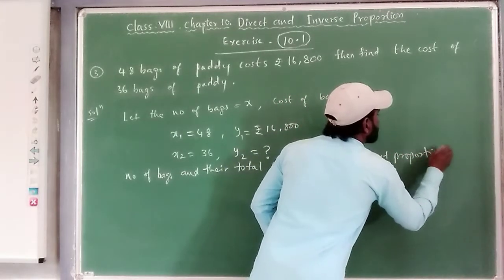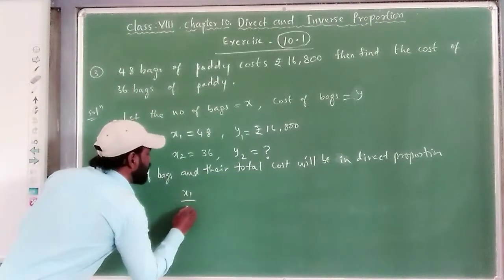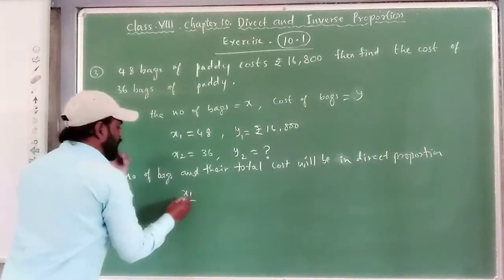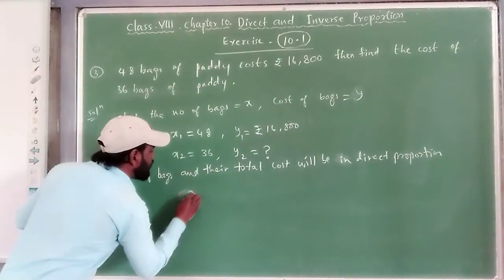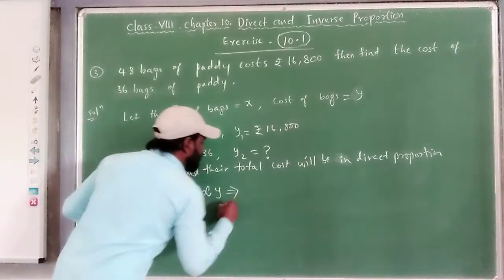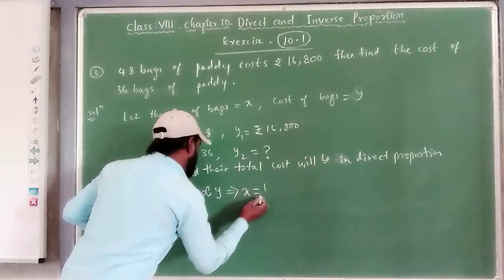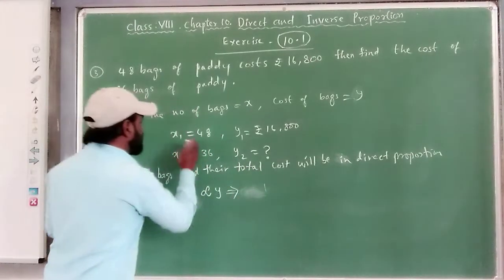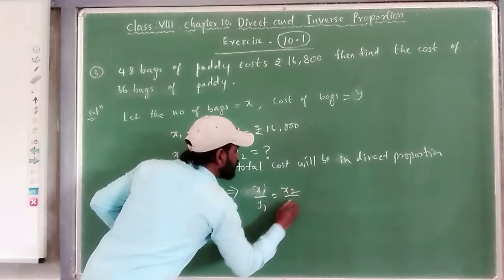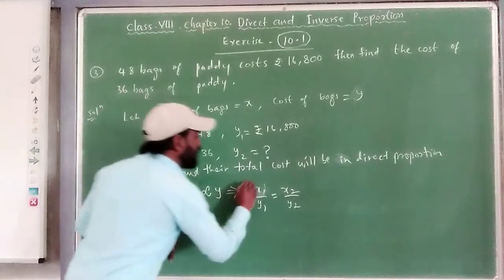When direct proportion is there, what formula do we have to use? Here the number of bags and the cost of bags are in direct proportion. So X is directly proportional to Y. You can write X is equal to K into Y, or directly use X1 by Y1 is equal to X2 by Y2.